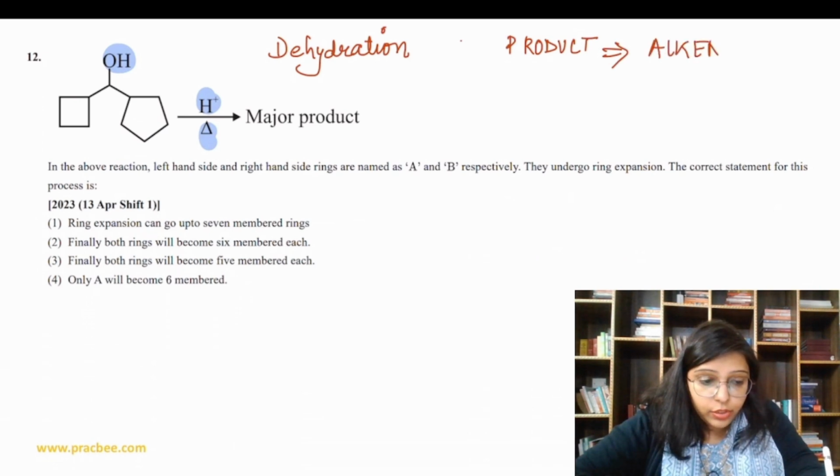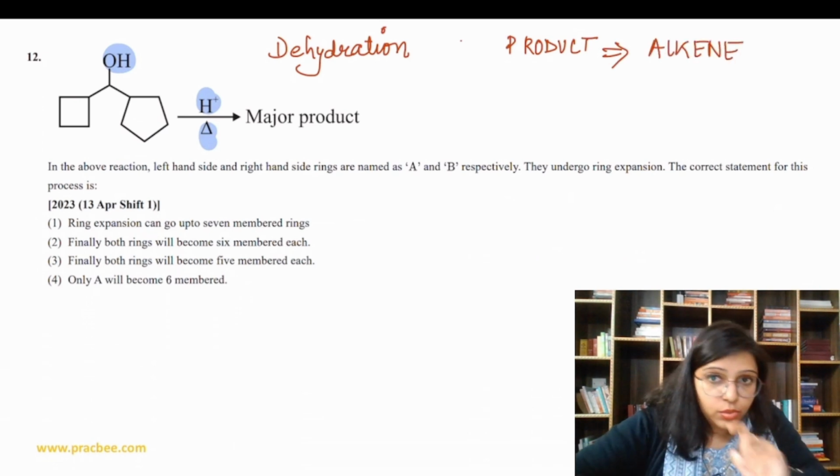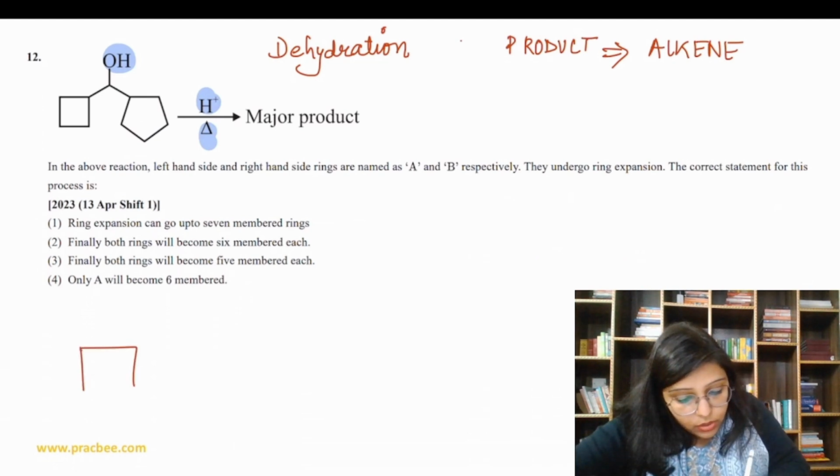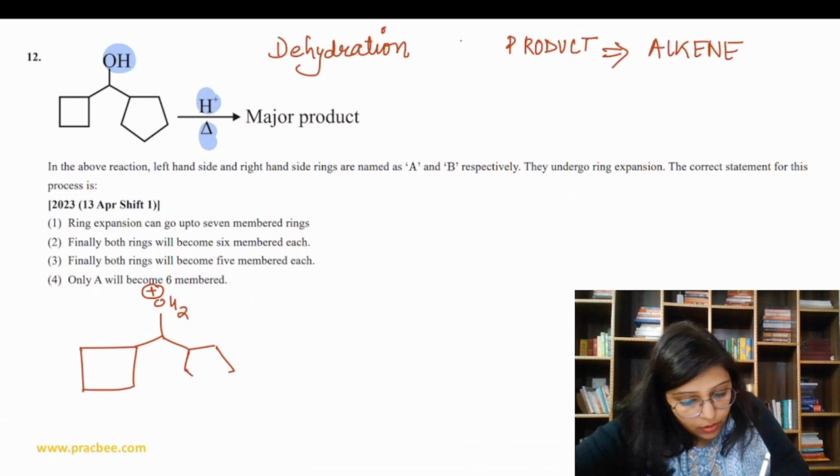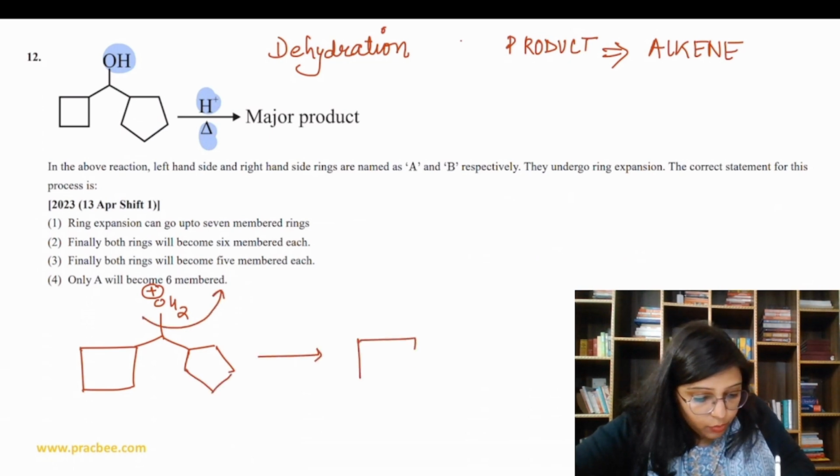The product is going to be alkene. So let's do one by one. So this is 4-membered ring, and in the first step what happened? OH2 positive. Okay, in the first step OH2 positive, then water removes. When we remove water, so we get positive charge over here.